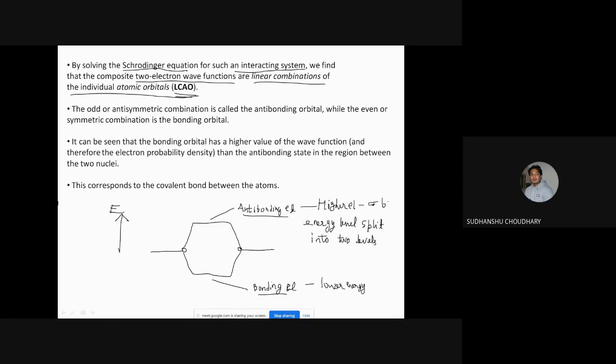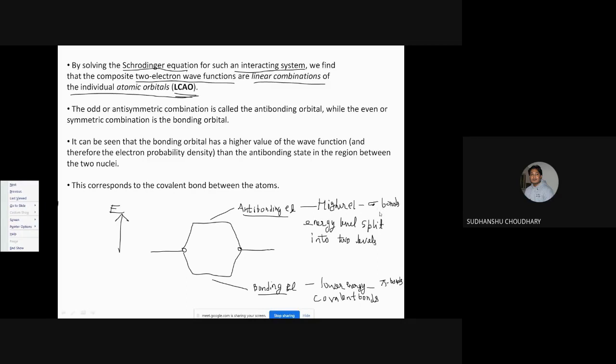Okay. Sigma bonds. And this lower energy level or bonding energy level results in pi bonds, or we call them covalent bonds. Right? So the bonding energy level represents these pi bonds or covalent bonds, and the anti-bonding energy level represents the higher energy level, and sigma bonds are formed here, right?